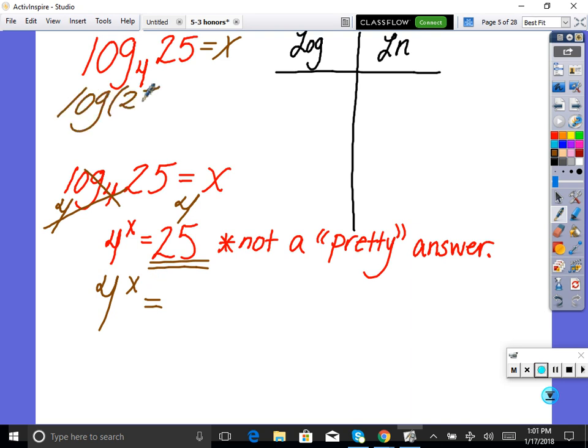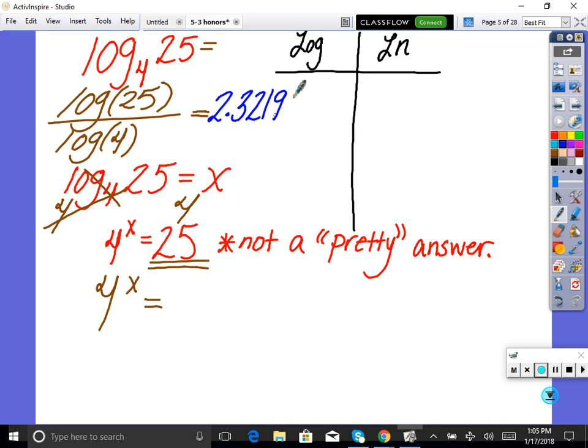So we do log of 25 divided by log of 4. You need to write down the full decimal. Type it into your calculator. Ready, set, go. When you have the full decimal, log to the base 4 of 25 is... Don't go like this.